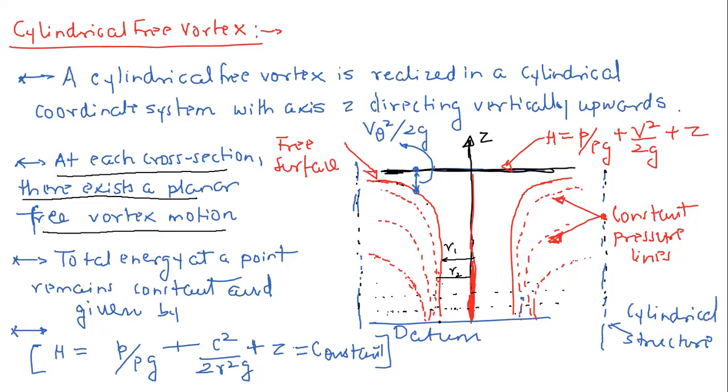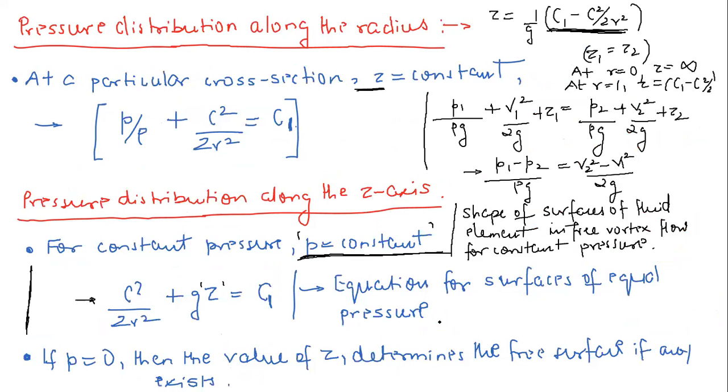Now I would like to mention one more important thing here: what is going to happen if the pressure is going to be zero. So let us say in this equation, I just made this pressure zero. Whatever the value of z we are getting, first of all, make this very clear.